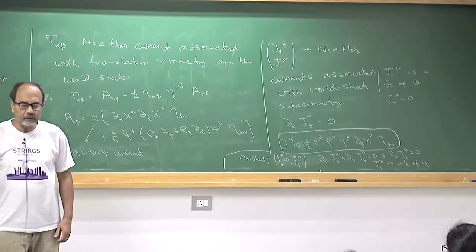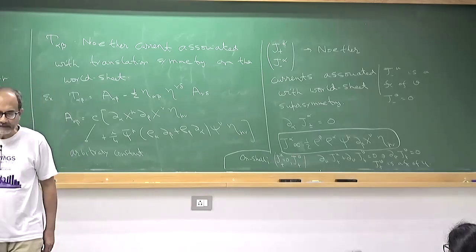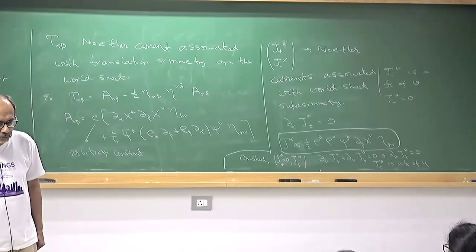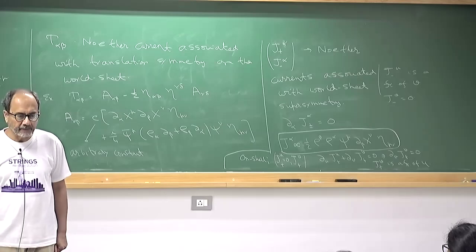However, the way the superstring theory differs from bosonic string theory is that we impose the condition not only T alpha beta equal to 0, but also J alpha equal to 0.